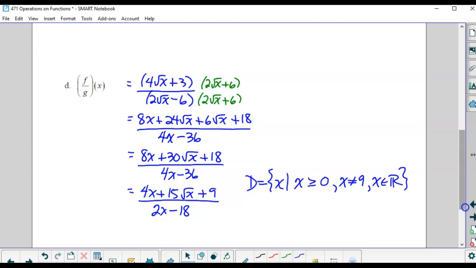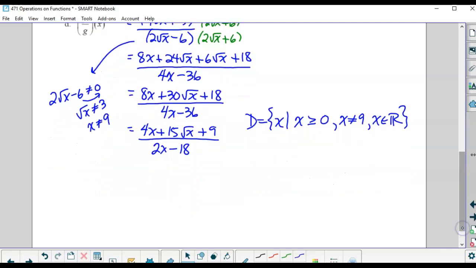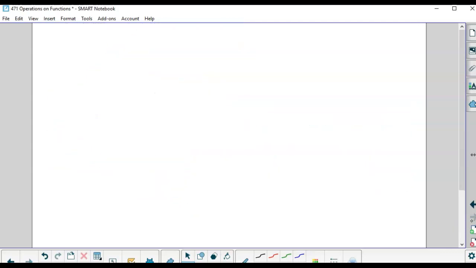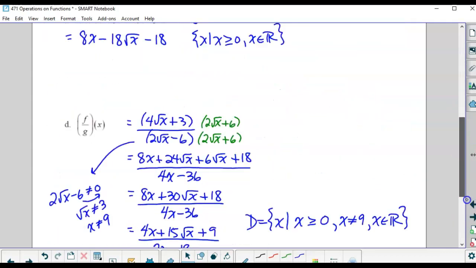Okay. And you could figure it out from the original. So 2 root x minus 6 cannot equal 0. Bring the 6 over, divide by 2, so you get root x cannot equal 3. Square both sides, so x cannot equal 9. Okay. And that's it. Good stuff. We're done.